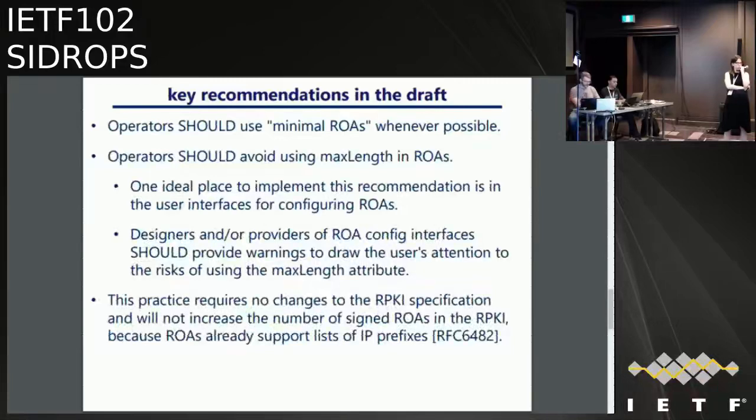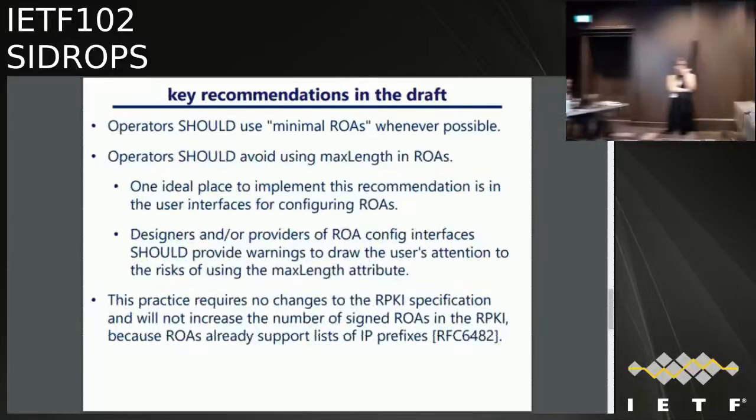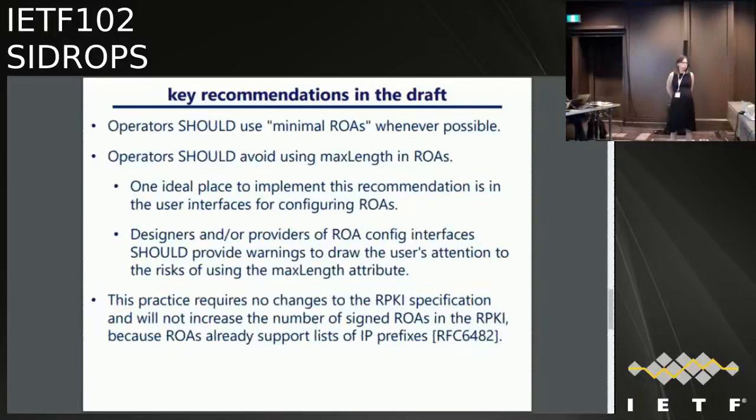Everything that you publish as a ROA that does not match these criteria could be viewed as an invitation to an attacker to use that ROA. And the max length is just a way of very conveniently registering a set of things that you may not actually intend to use.